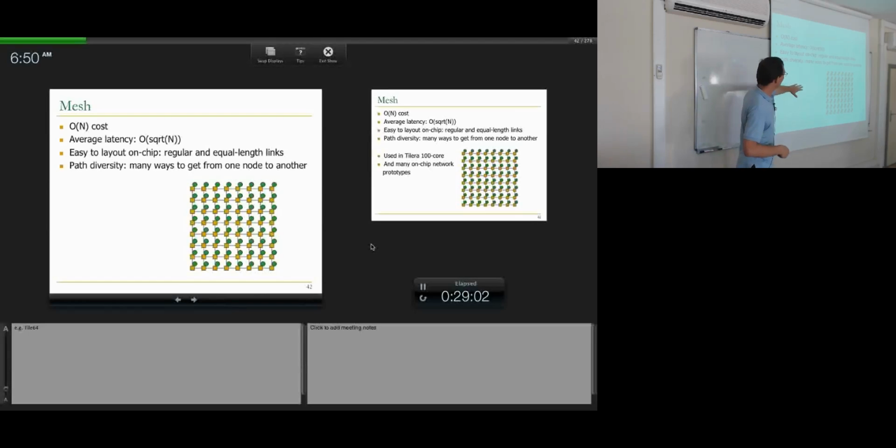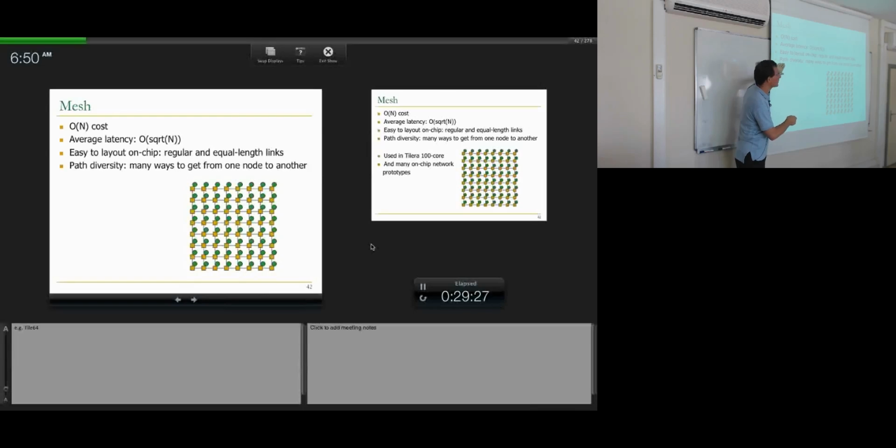So people have looked at meshes a lot, especially recently for on-chip networks, because this is easy to lay out on chip. If you look at this, you just build this node and you stamp it out. It's like a ring, except it's more scalable potentially, right? Because you have regular and equal length links here. And you have path diversity, a little bit different from a single ring at least.